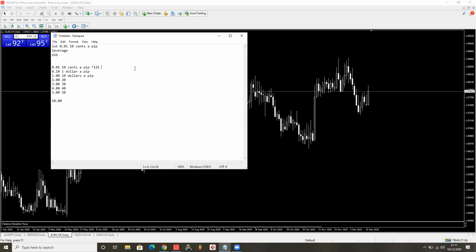So, I'm saying now, if 0.01 will give me 10 kobo a pip, how much will I make if I make 125 pips? I know that 0.01 is 10 kobo a pip.